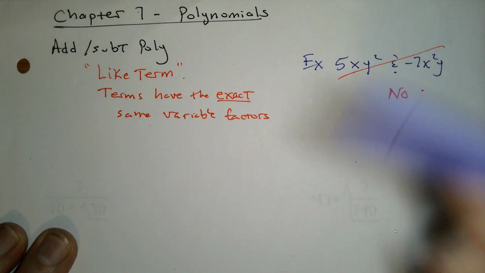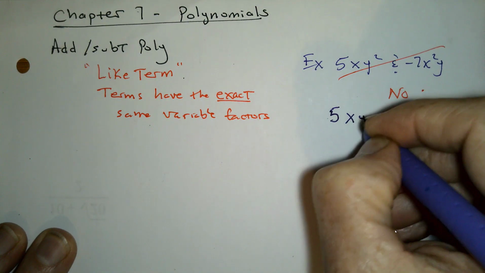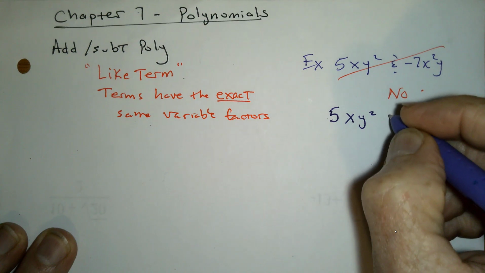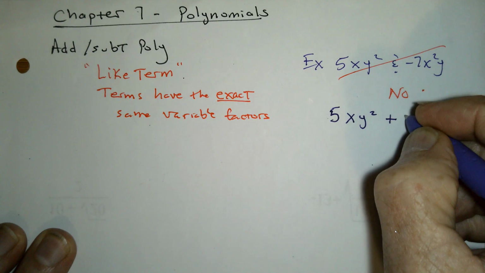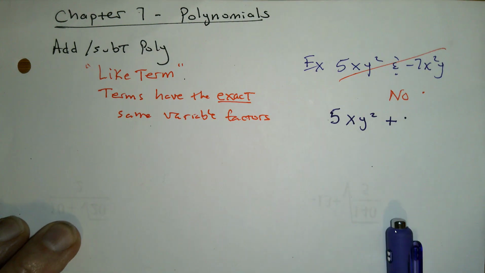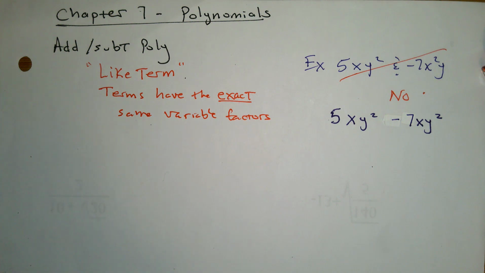What about 5xy squared minus 7xy squared?